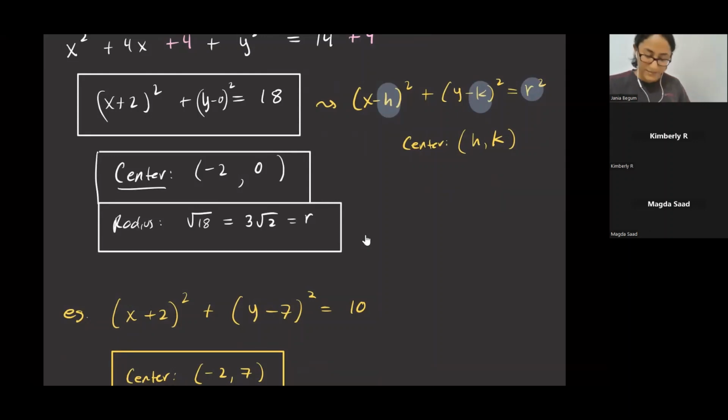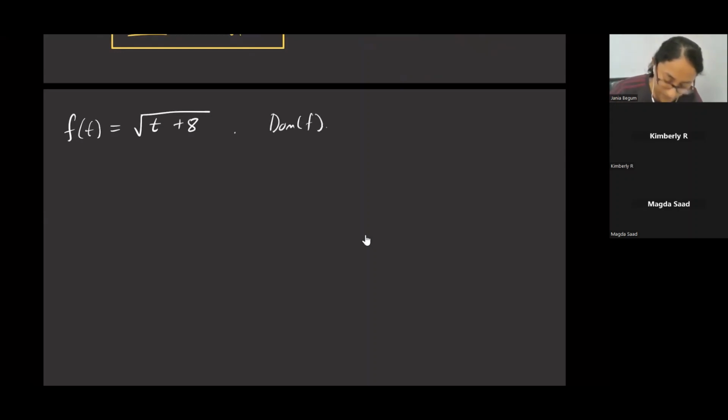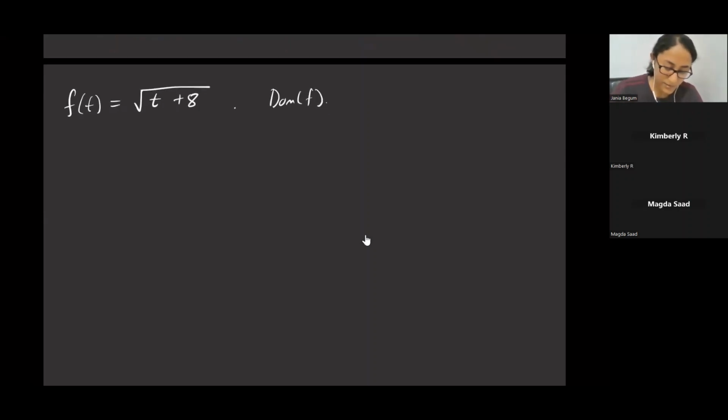So let's go ahead and find the domain of this function. f of t is equal to the square root of t plus 8. So what is the domain of f? For this one, there's no denominator, right? You can think of the denominator as 1. So the only thing we have to worry about is making this quantity nonnegative.